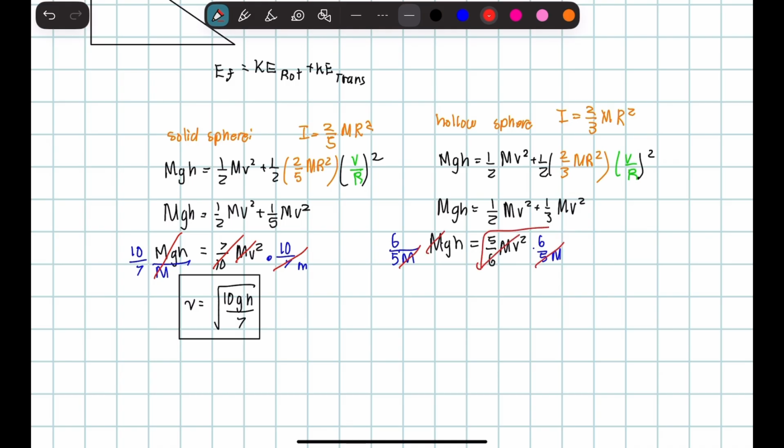Let's take the root of both sides. Then you're just going to have v is equal to the square root of 6gh over 5. Now, this one reaches the bottom first, and those are the final velocities for both of them.